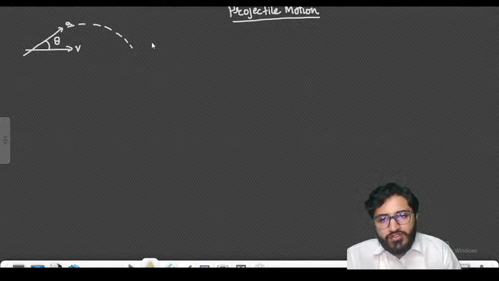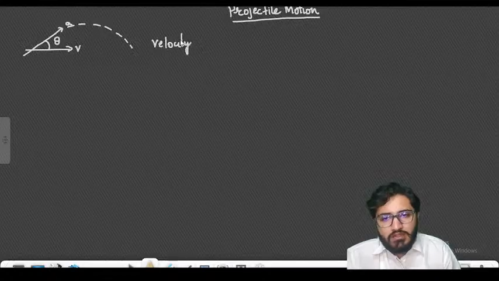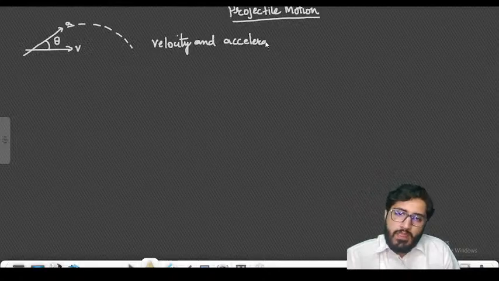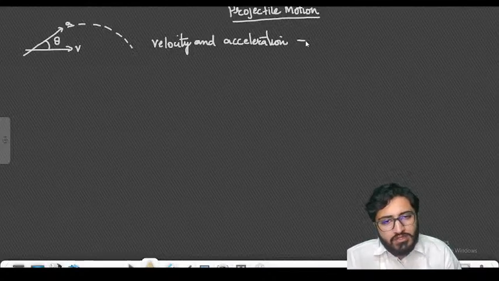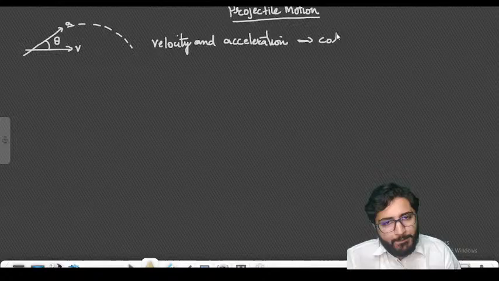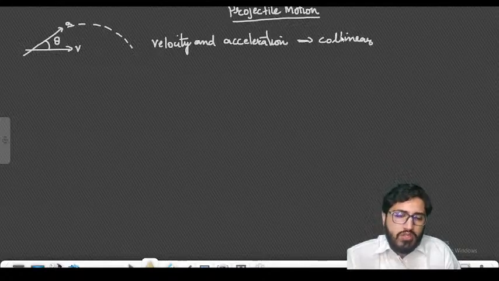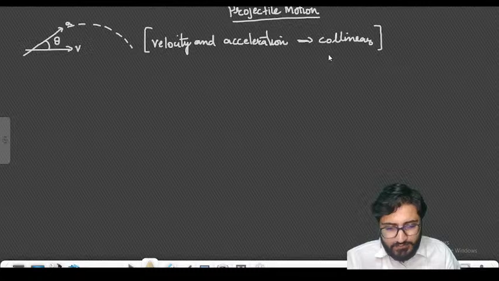Velocity and acceleration are not collinear, not on the same line. This type of motion is known as projectile motion.